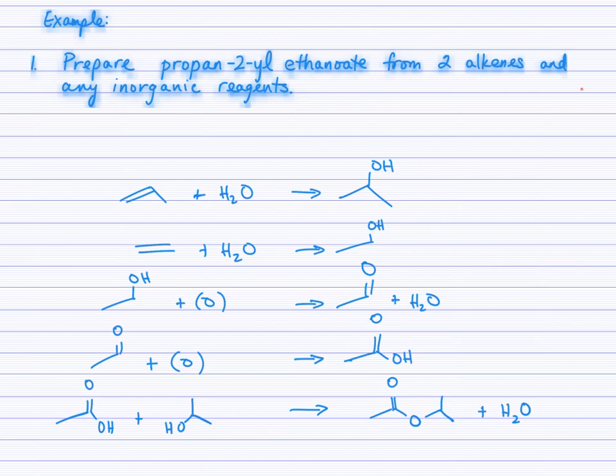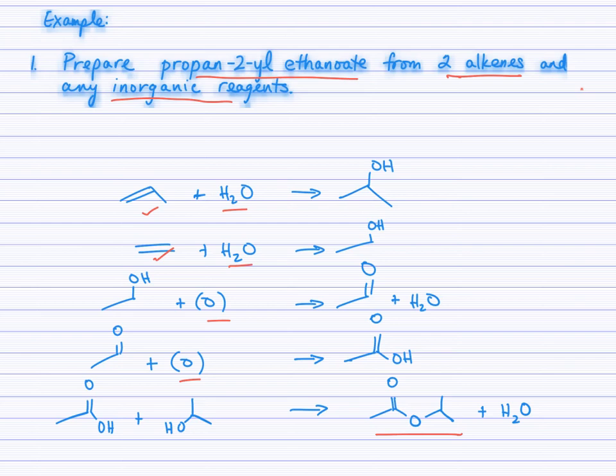So it said that I had to prepare the target here, which is this molecule here, from 2 alkenes, so 1 and 2, from any inorganic reagents. And so I needed water twice and oxidizing agents, which I don't need to specify.